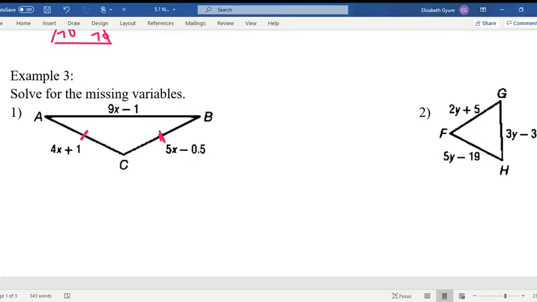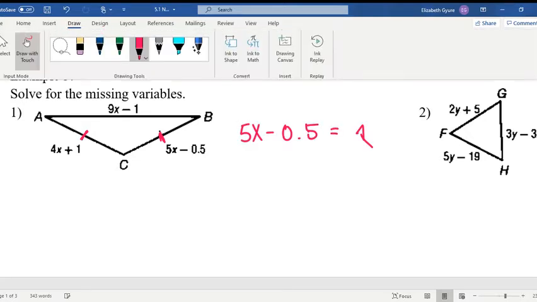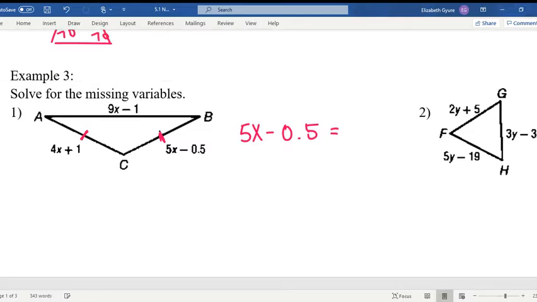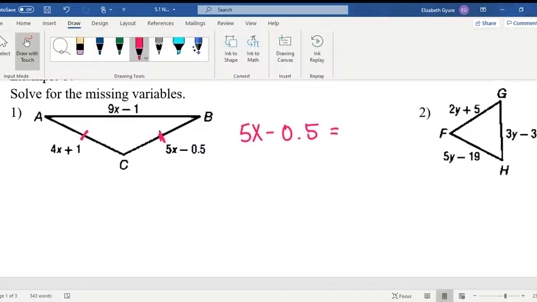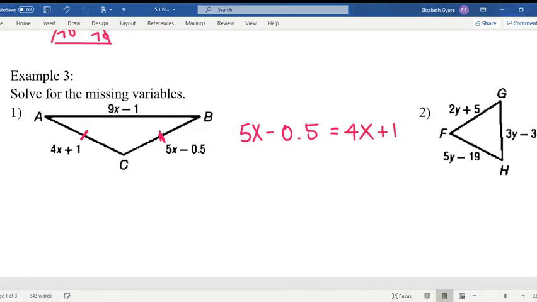You're going to set the two sides that are congruent equal to each other. So you would set this up as 5x minus 0.5 equals 4x plus 1, or the other way around. I just did this because I know it looks nicer. Does that make sense, ladies and gentlemen? Those two sides are congruent, so you set them equal to each other? Okay, and then this is just extra information.